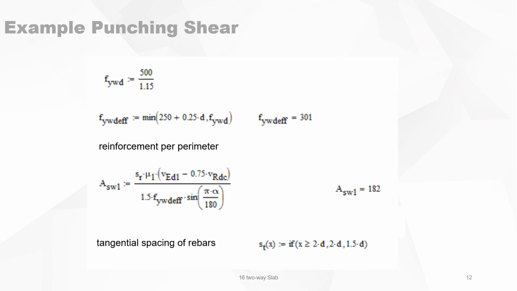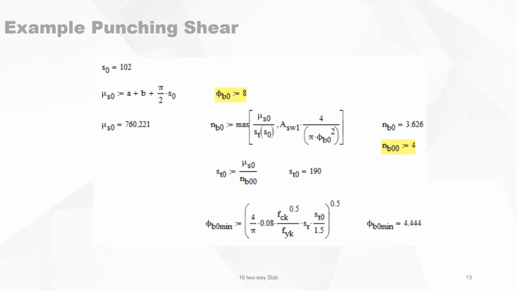So it means that in the first perimeters you have 1.5D distance, and afterwards it can be 2D. So now we have to check every perimeter, and there are a lot of perimeters that we have to choose.